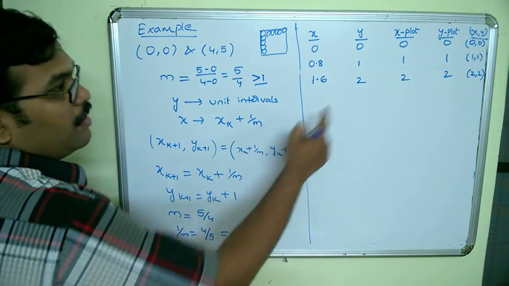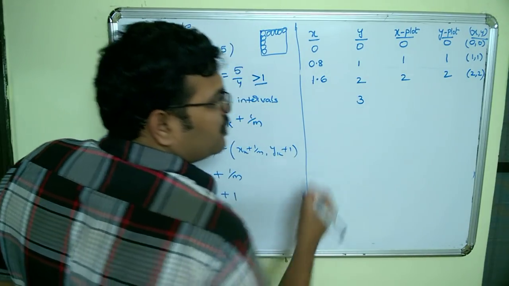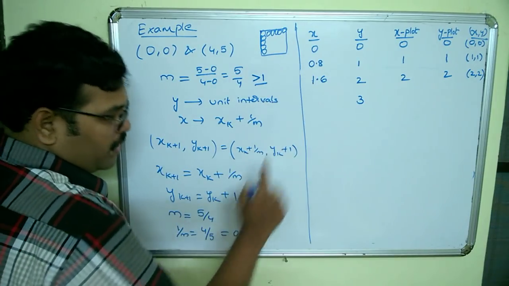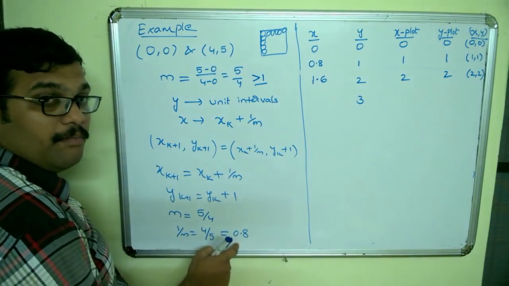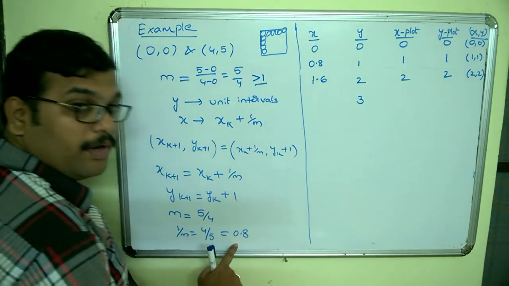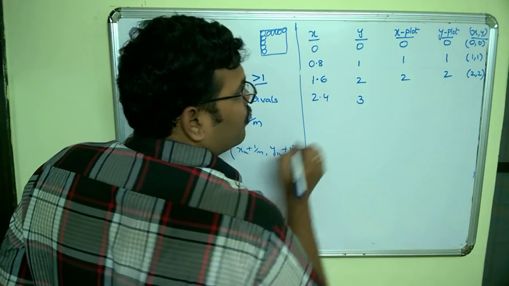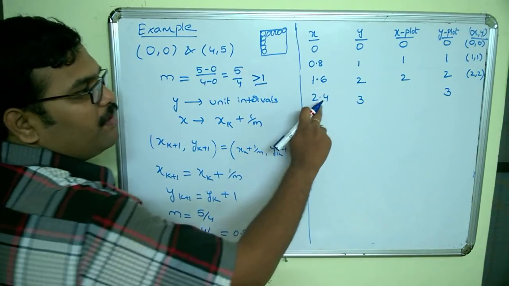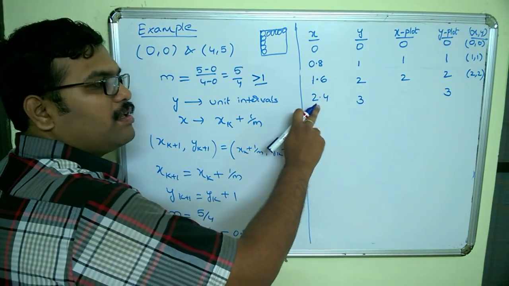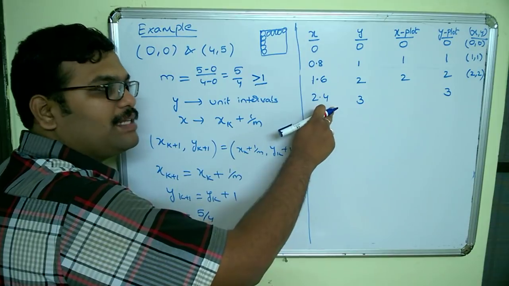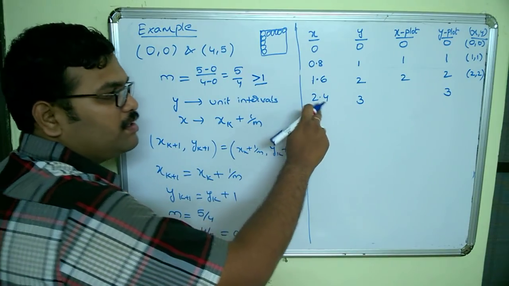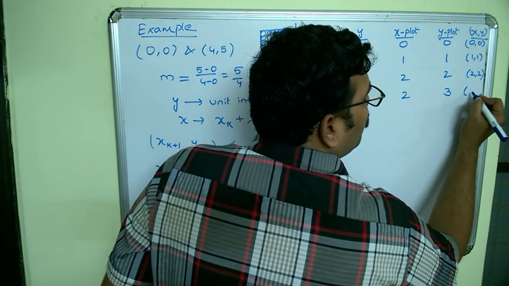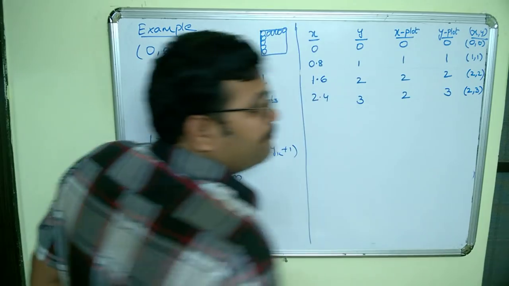Again, y moves in unit intervals, so y becomes 3. X coordinate adds 0.8, so 1.6 plus 0.8, 2.4. So 3 will be plotted in the y, and coming to the x plot, the decimal value is less than 0.5, so we apply the flooring function, so it is rounded to the lower boundary. The point plotted is 2, 3.